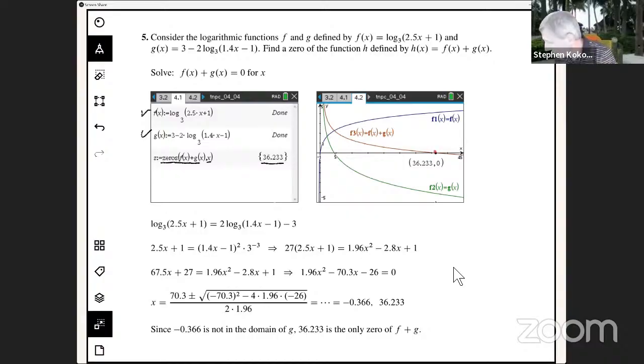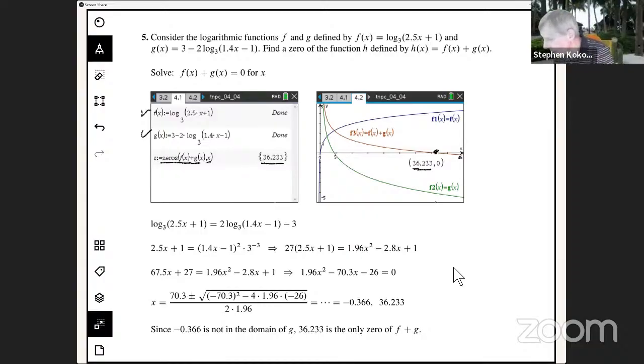And I found this zero similar to what Tom did. There's the 36.233. So son of a gun, I've got the same answer on both screens. I feel pretty good about this answer. I got the same answer Tom did. I think we got the right answer. Now, let's just step back for a second and think about this analytically and see how far we can get, see what other sort of concepts we can use here.